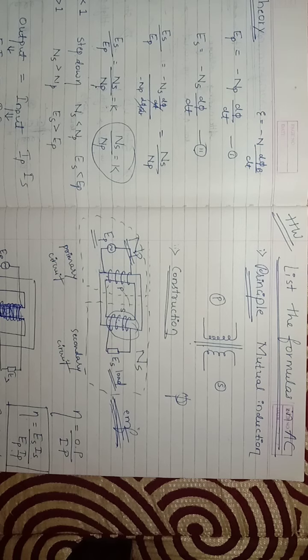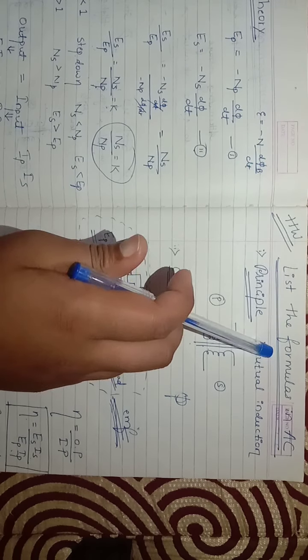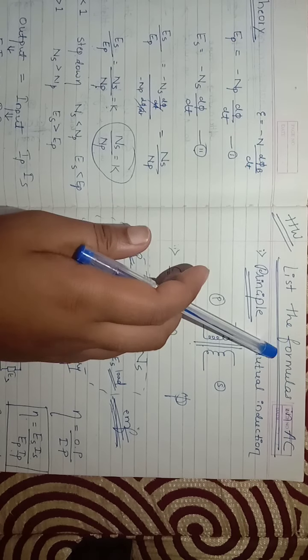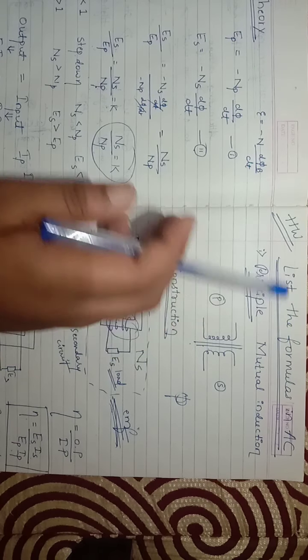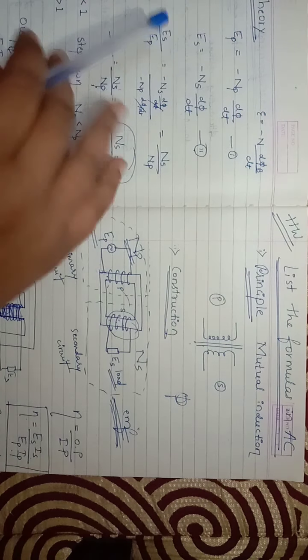While coming to the next class, please don't forget to list the formulas. After finishing the numericals, I will also give you the notes of the whole AC chapter in a single PDF.